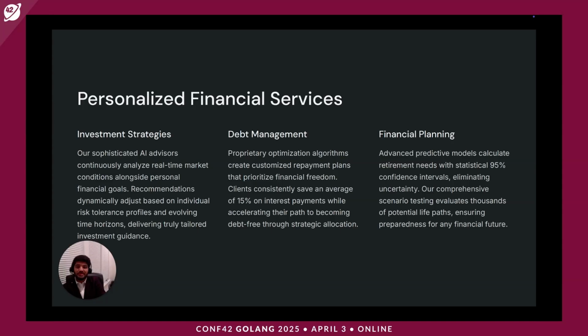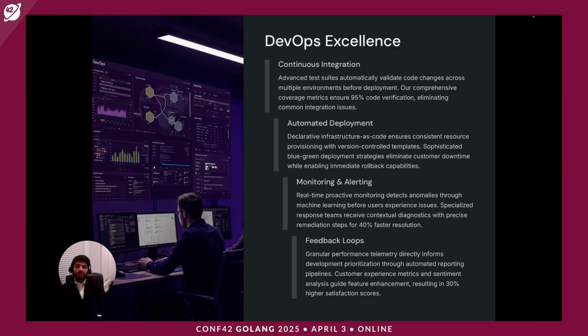To support these intelligent financial services, we need a rock solid DevOps strategy. Let's take a look at how we achieve that. We all know about DevOps, right? DevOps excellence.